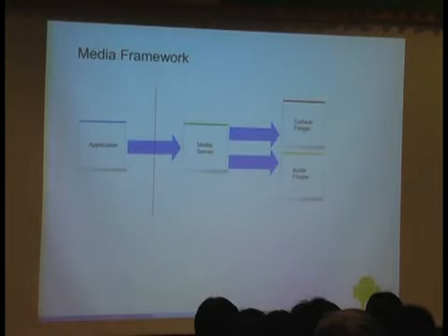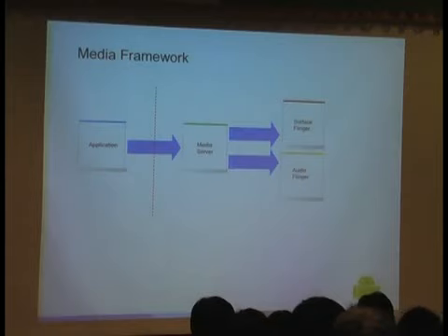So when you look at the framework, at the very top of the stack is the application. And then we have a separate process called the media server that actually does all of the media applications. So that dashed line in the middle is a process boundary between the application itself and the media server process. The media server, when it generates its audio and video, is going to generate it through one of the two services that provide audio video services.